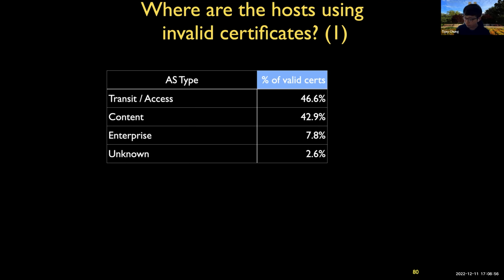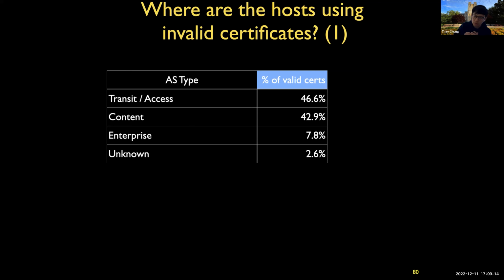Or if the IP address is managed by a CDN, then it is for content delivery network. So what I would like to say is, by looking at the IP address, we can conjecture what kinds of ASs are serving this certificate.